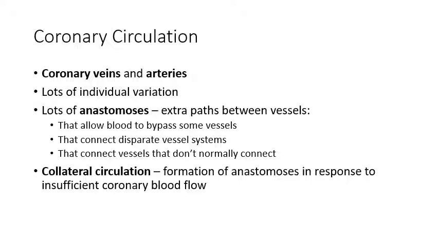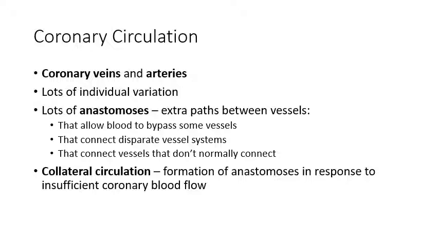Then the coronary veins drain that blood and return it to the heart chambers. There's a lot of individual variation in the specific veins and arteries that make up the coronary circulation, where they run, which ones you have. It can vary a lot from person to person.